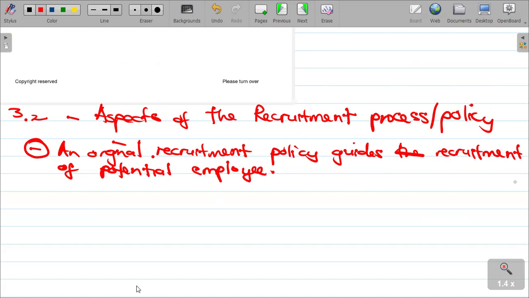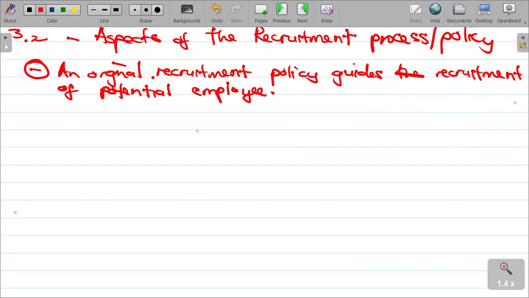Right. Number 2, it is also supposed to include that the policy must adhere to the current legislation.